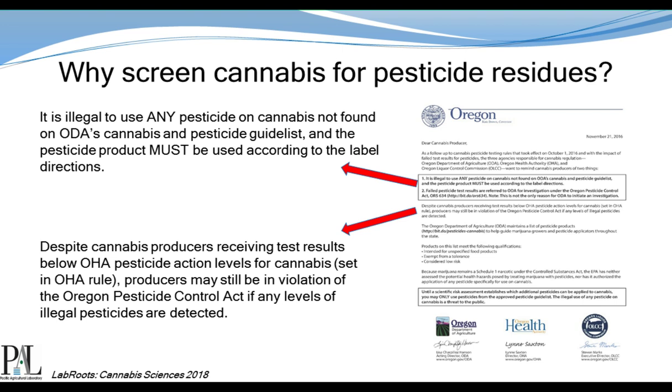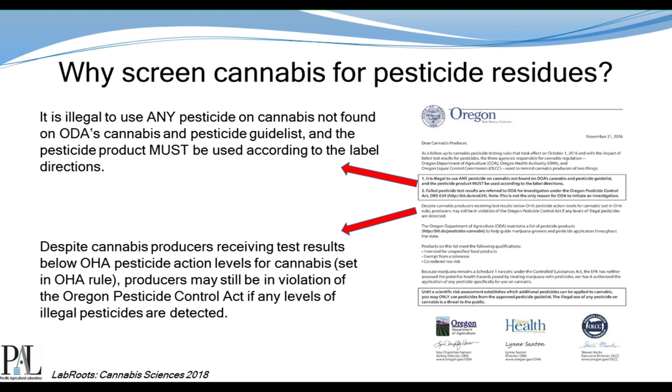So this question comes up: why are we screening cannabis for pesticide residues? This example is from Oregon, a letter that was sent to producers, and you're going to have a very similar situation in other states. The context of this letter is it's illegal to use any pesticides on cannabis not found, in this case, on Oregon's guide list, and they must be used according to label.